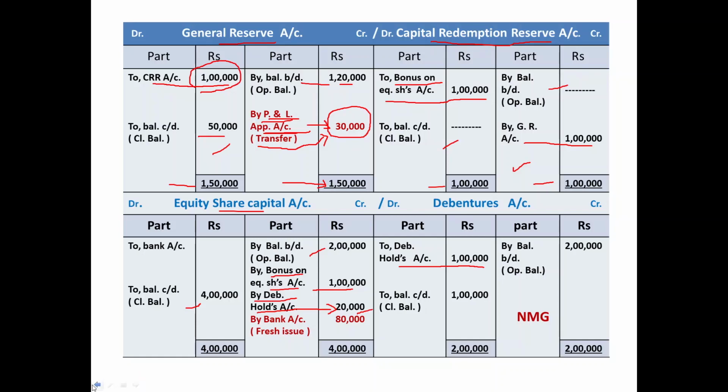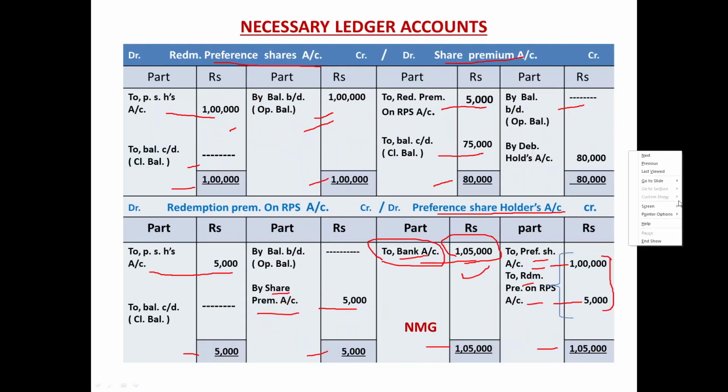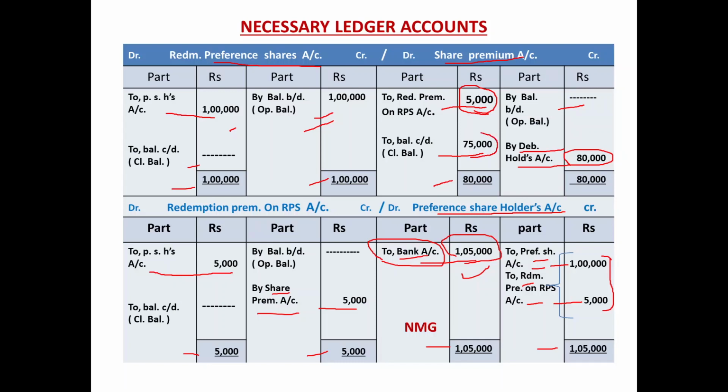To share premium account credited. Now 80,000 has arrived in this share premium account. To share premium account credited rupees 80,000. From this 80,000, the company writes off rupees 5,000 for redemption premium on RPS. Earlier we already saw it. And the remaining 75,000 remains as a closing balance in this account. ये बैलेंस शीट में भी हमें दिख रही थी क्लोजिंग बैलेंस शेयर प्रीमियम अकाउंट की. So conversion of debentures is over.